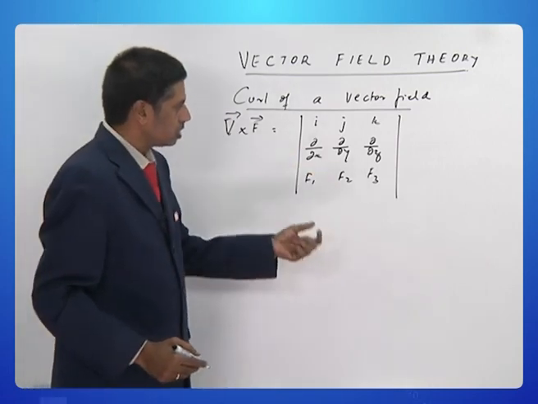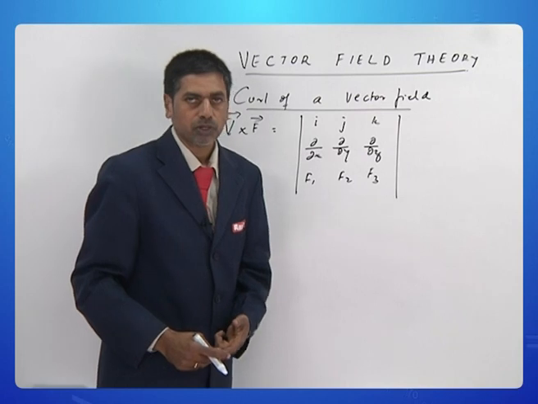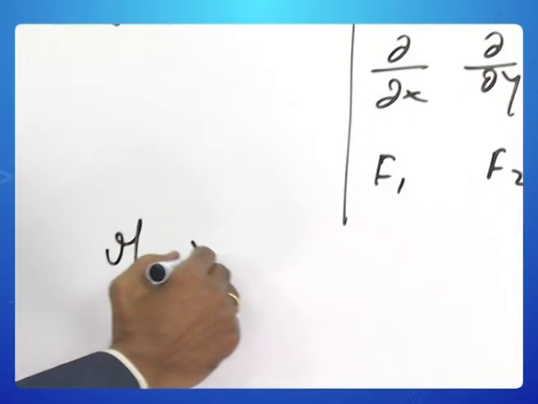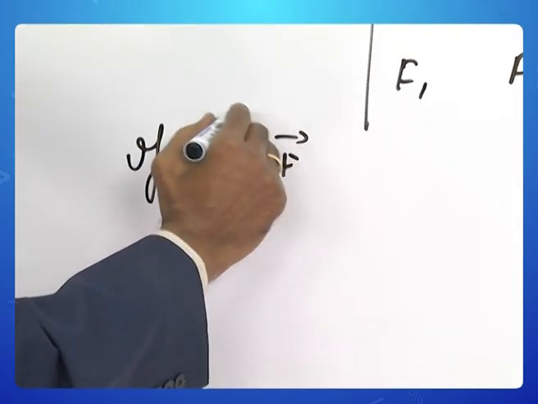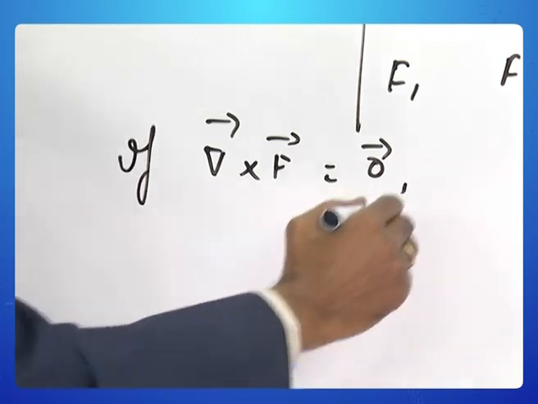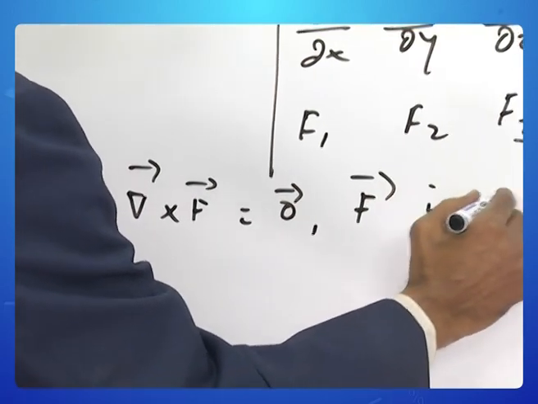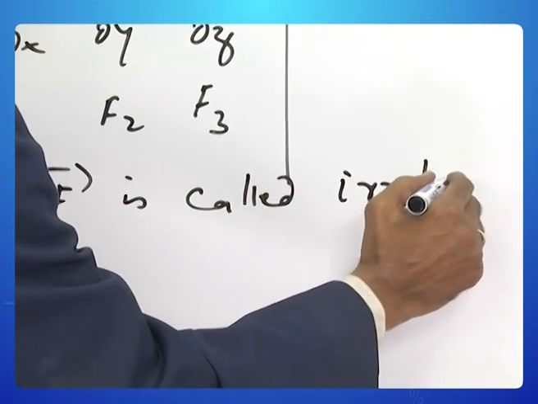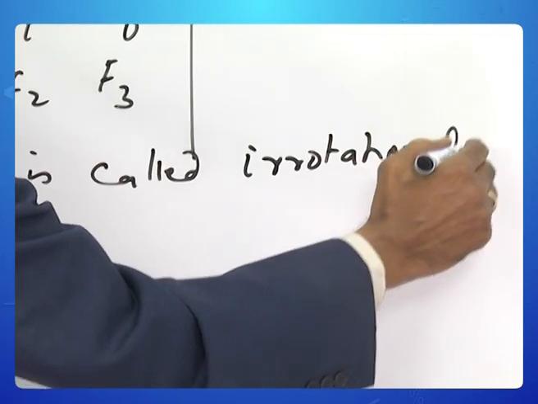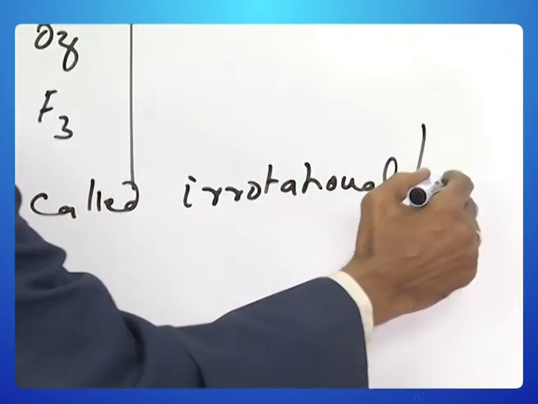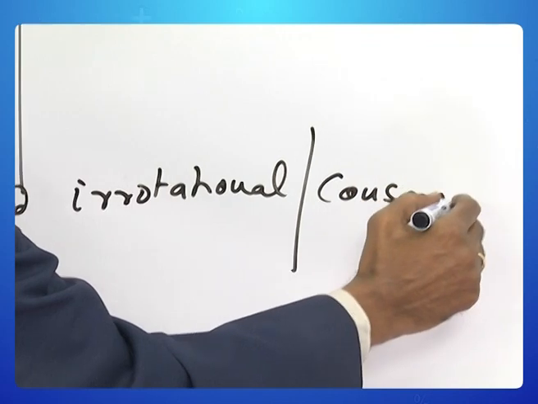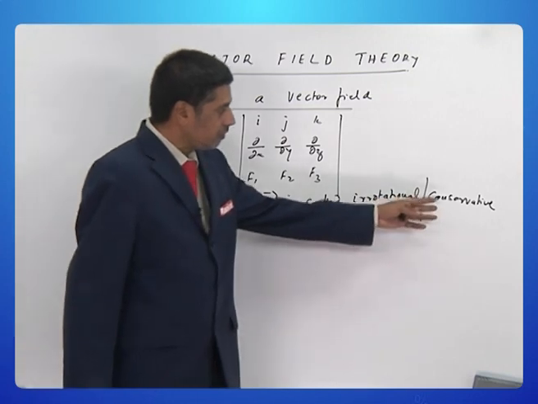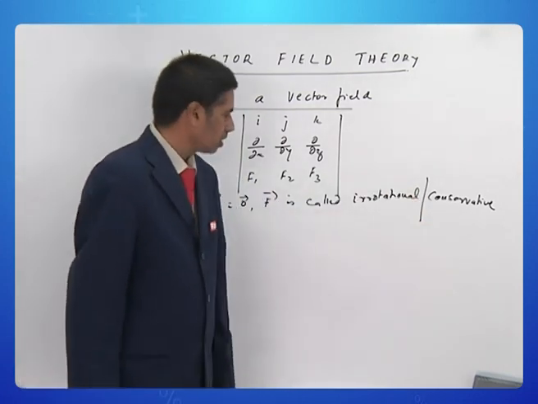So, this produces a field as an output. Now, here there are two possibilities. If the curl is 0, f is called irrotational. In one context irrotational, in some other context it is called conservative. We will discuss the conservative field aspect when we come to vector integration.